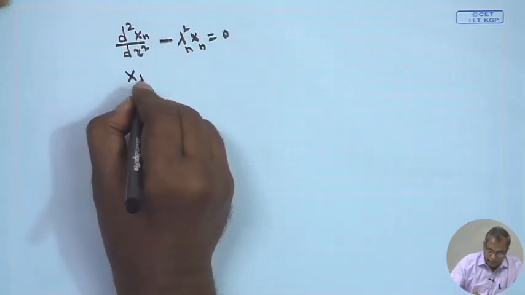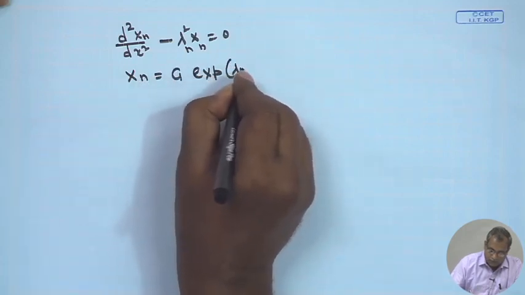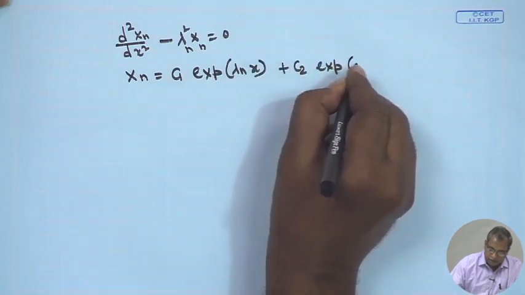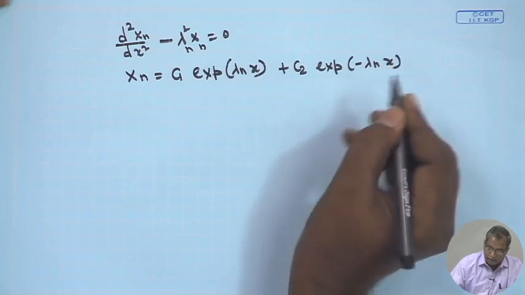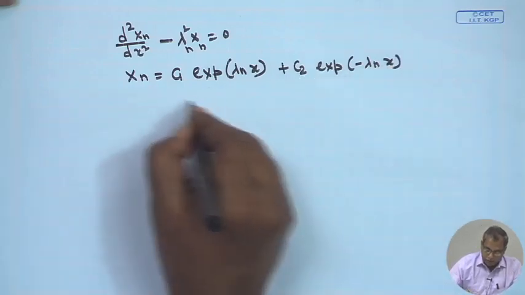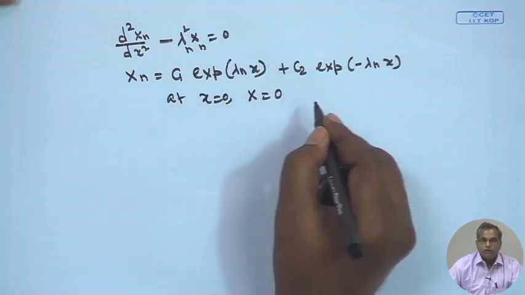So, Xn will be C1 exp(λn x) + C2 exp(-λn x). In the original problem we had u = 0 at x = 0, so capital X must satisfy that: at x = 0, X has to be equal to 0.